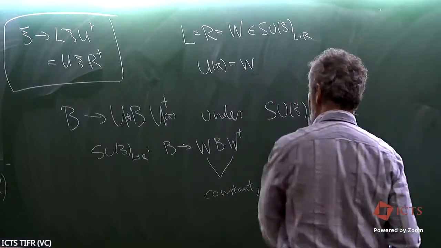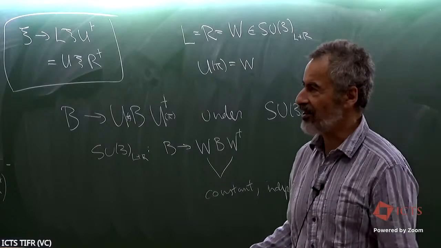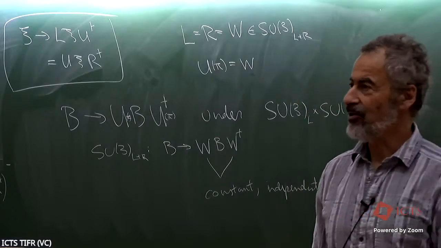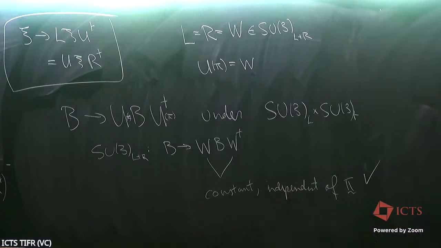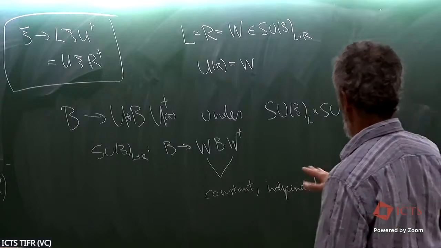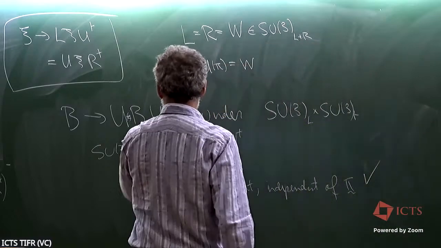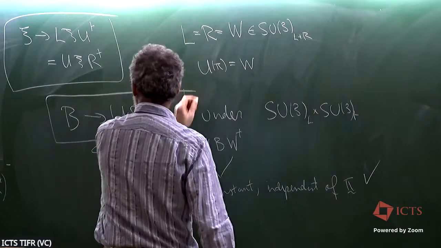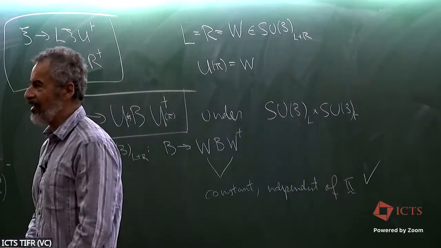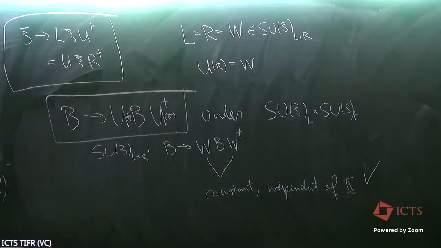That's the correct transformation law for an octet under SU3 vector. So I'm not doing any damage to the symmetry that is exactly realized after the symmetry breaking. So this is how I'm going to take the B's to transform, and now we have to figure out how to couple them to the pions.